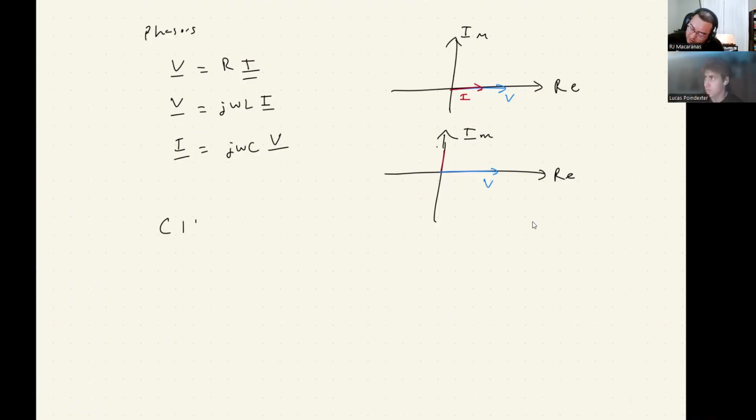And again, going back to CIVIL, if I look from the perspective of the inductor, my voltage is leading the current. And so what that ends up looking like, and I kind of messed it up here, is if my voltage is on the real axis at a 0 degree angle, my current is going to be over here. So the current is going to be happening after the voltage.